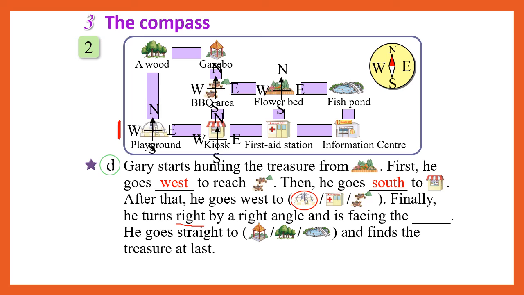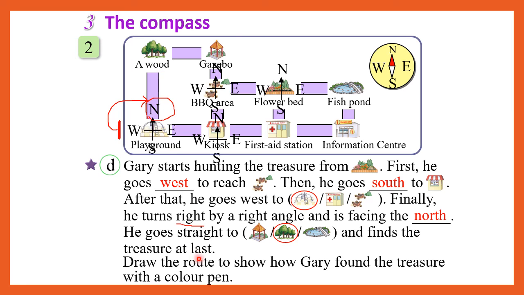And then he turns right by a right angle, and he is now facing north. Alright, and then he goes straight to reach the route and find the treasure at last.